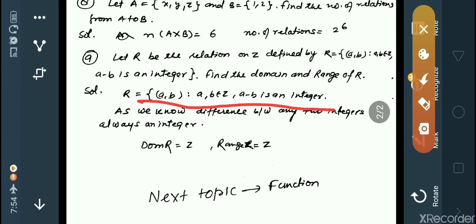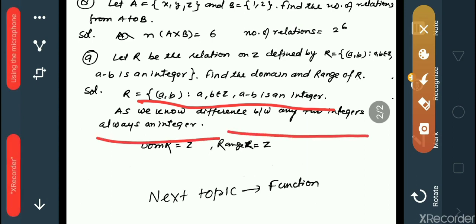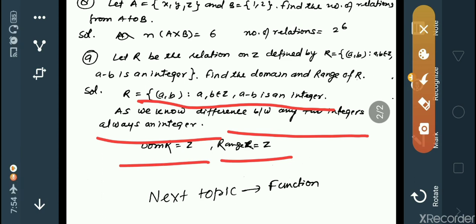As we know, the difference between any two integers is again an integer. So your domain will be Z and range will be Z, because if we take the difference of two integers, it will be an integer, and that difference will actually be the range. So we are getting it as an integer, so the range will be integer here. I think you understand this problem.